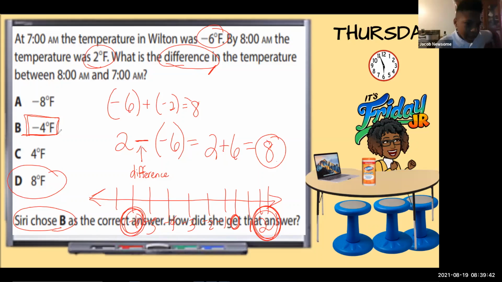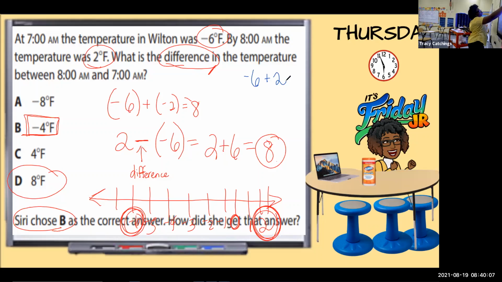She didn't change the expression how we changed it. She didn't do 2 minus -6, but she did -6 plus 2, to get a -4.